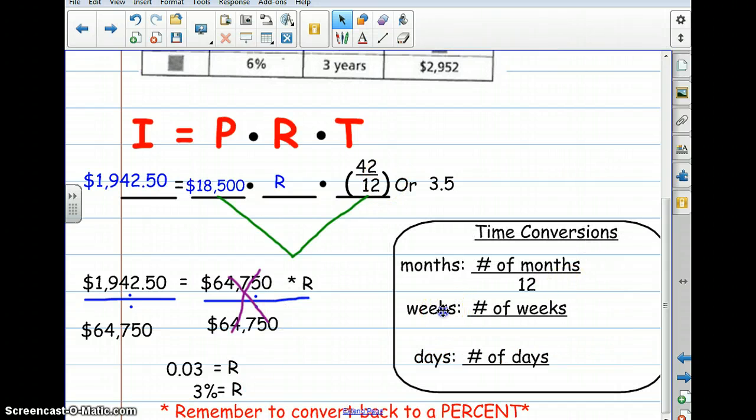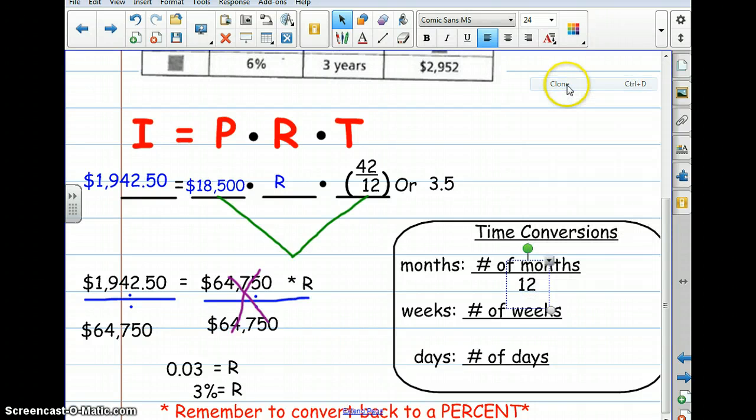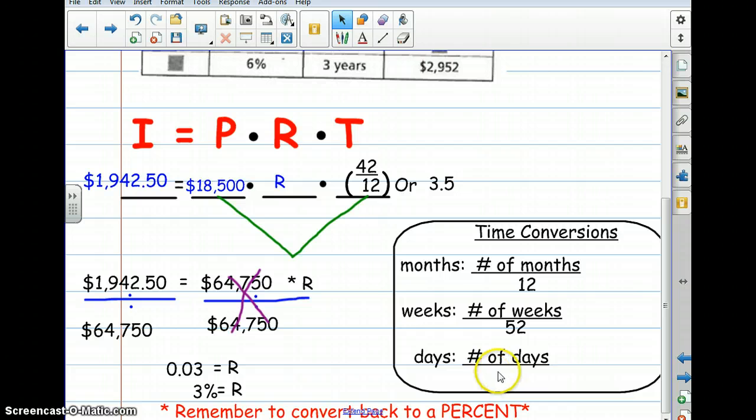And if the amount is given to you in weeks, we're going to put the number of weeks over how many weeks are in a year? There are 52. And last but not least, if it's number of days, it's the number of days over how many days are in a year? 365.